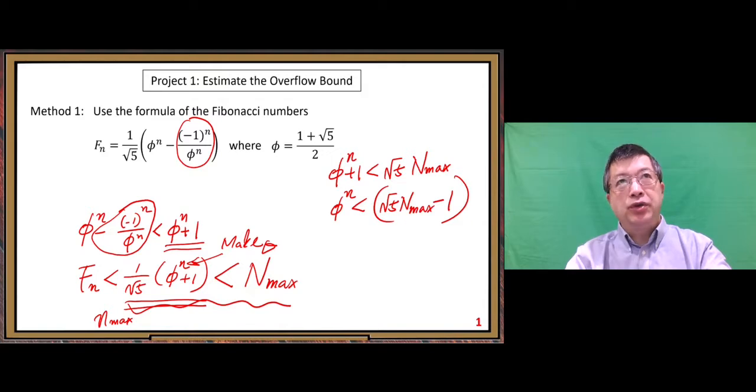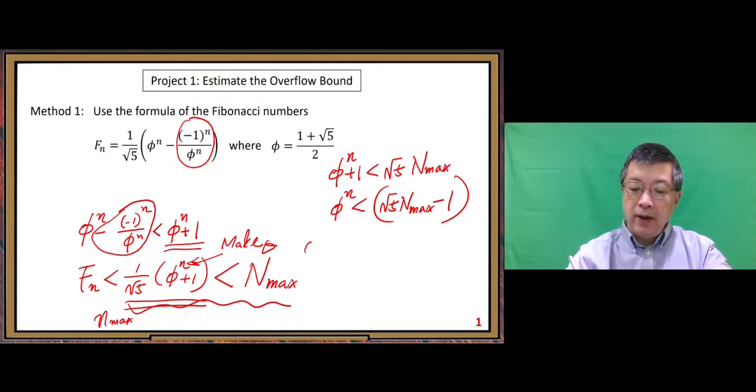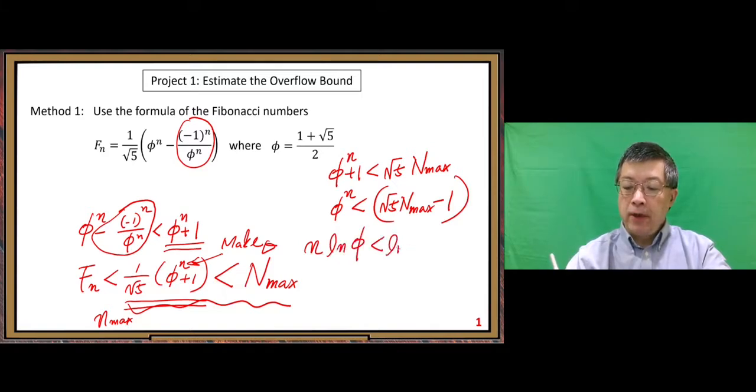Now we take the natural log of both sides. n times natural log phi is less than natural log of root 5 times n max minus 1.